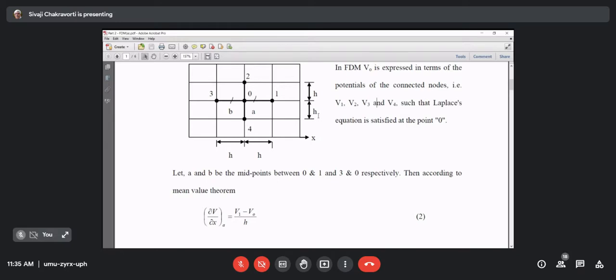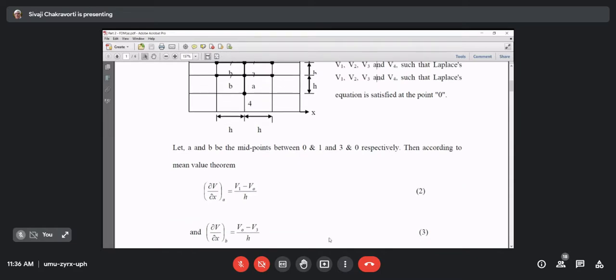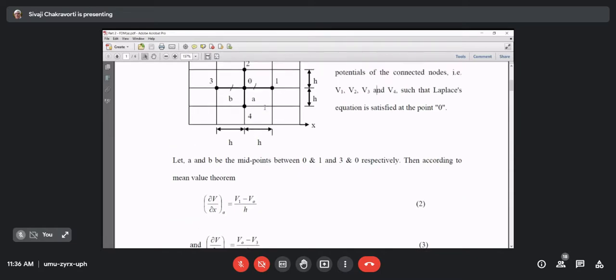So I have taken V1 minus V0 by H. Following the same logic, I can write del V del x at B. Here you can see in the figure, B is the midpoint of 0 and 3. So it will be V0 minus V3 by H, not V3 minus V0, because 0 is in the positive direction of x compared to node 3.